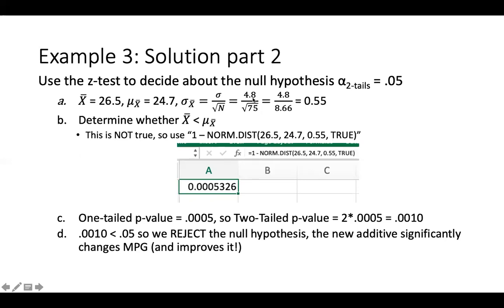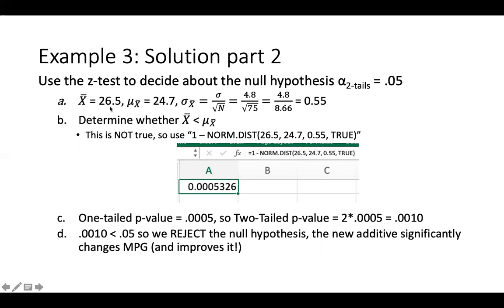So we use that 4.8 standard deviation and our sample size to compute standard error. So standard error is quite small. So again, we would expect natural fluctuations around 24.7 when we take a sample mean of size 75. We would expect normal deviations from mu to be on the order of about a half mile per gallon.